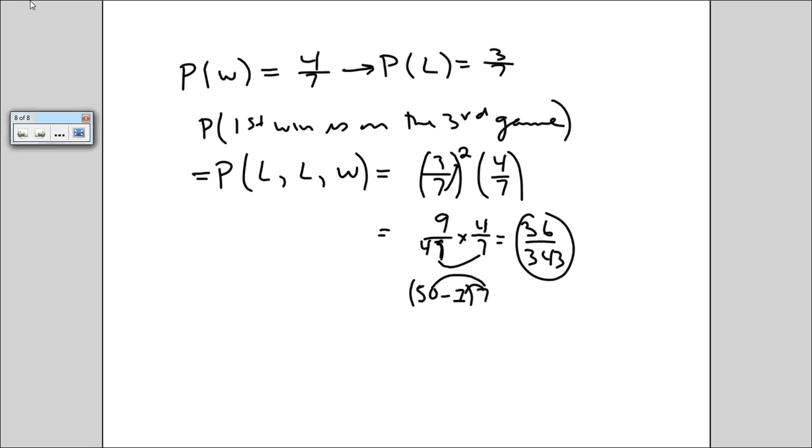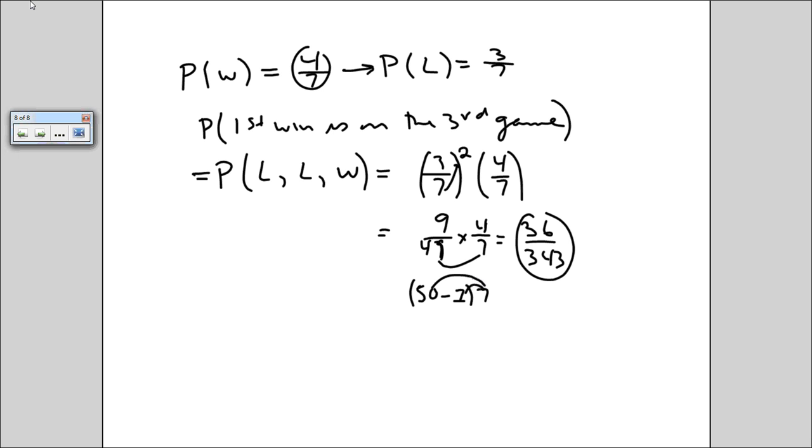So 36 out of 343 is the chance the New York Mets have their first win in the third game, assuming that the results of the games are independent, which of course is not true, and that they win 4 out of 7 times.